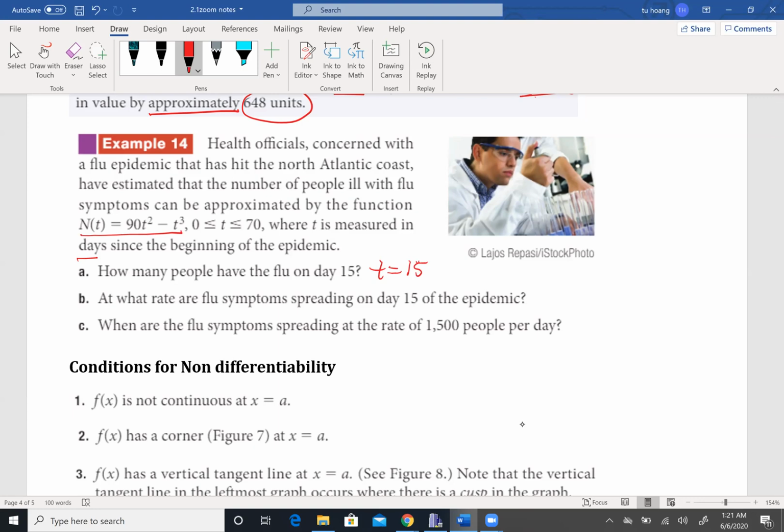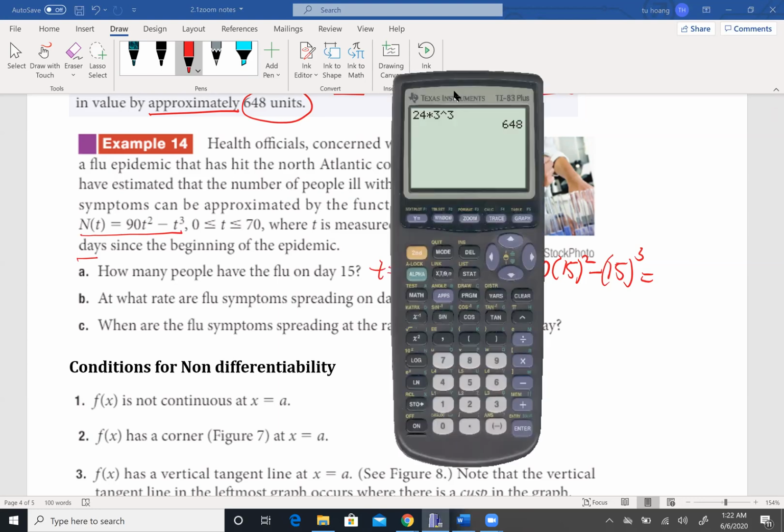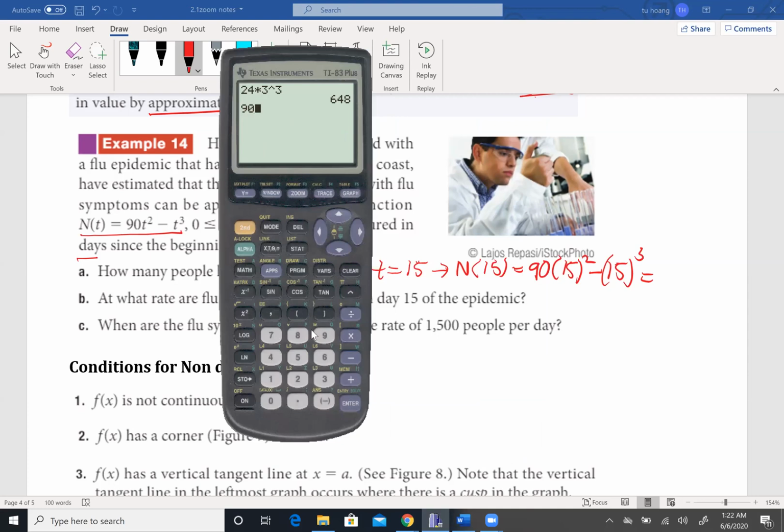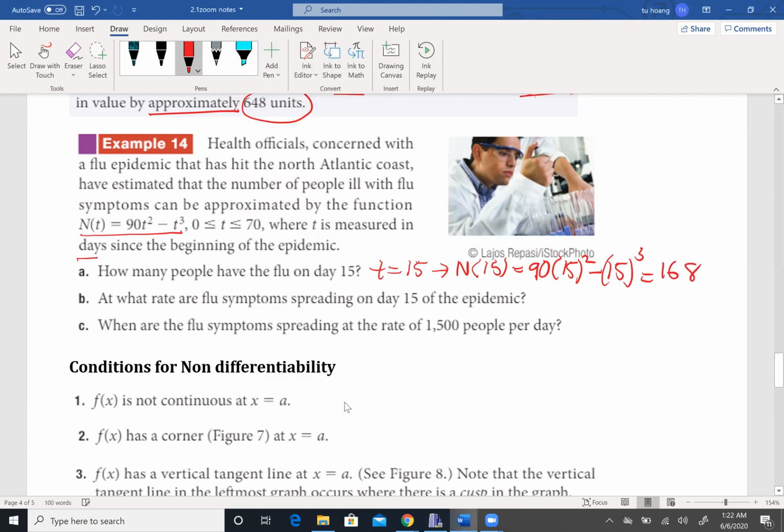You can easily do this by substituting into N(t), and you get N(15) equals 90 times 15 squared minus 15 cubed. You pull out the calculator and multiply 90 by 15 squared, then subtract 15 to the power of 3, and you get 16,revision 080.75.